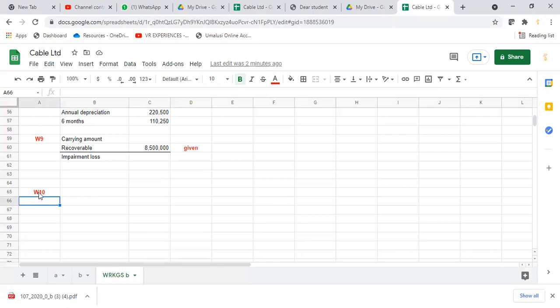That is why we're going to list all the assets that are included in the CGU. So let's have a look.